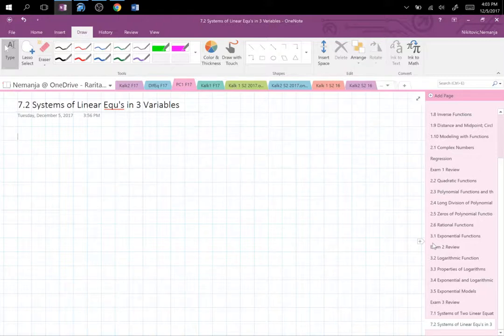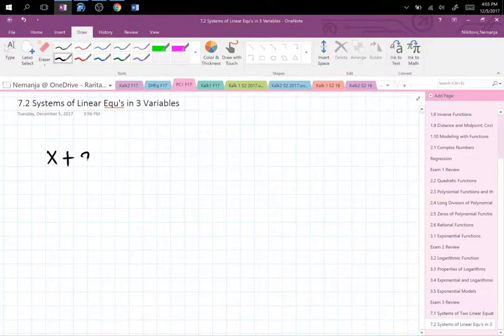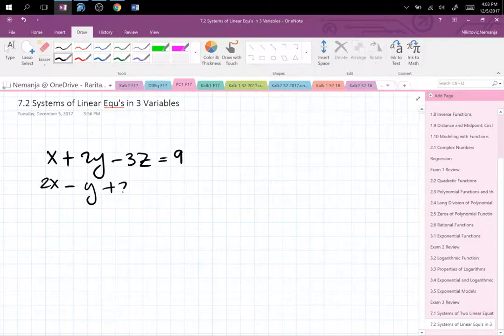x plus 2y minus 3z equals 9. 2x minus y plus 2z is equal to negative 8. And negative x plus 3y minus 4z is equal to 15.